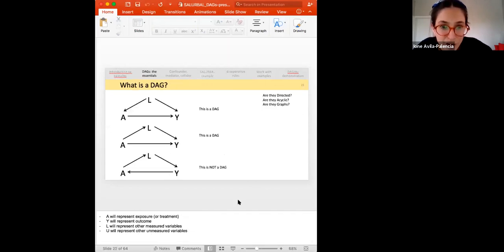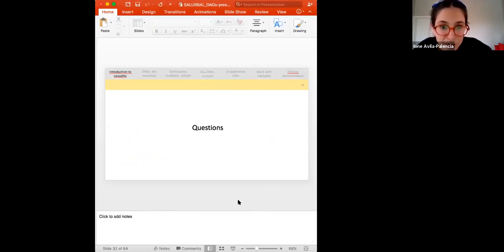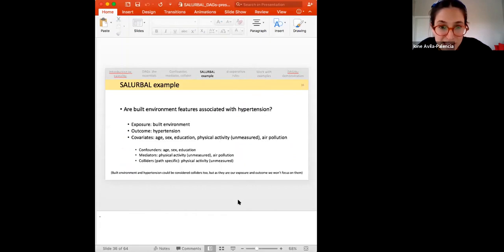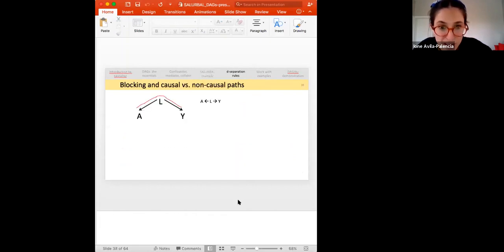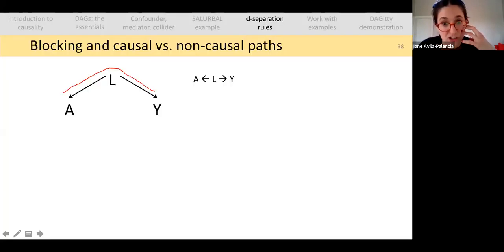From Tanya: for hypertension, if I think hypertension could increase physical activity as part of the treatment, should it be on the DAG? It depends. Again, it depends on your research question. Personally, for the research question that I presented, I would always consider physical activity or lack of physical activity a cause of hypertension.